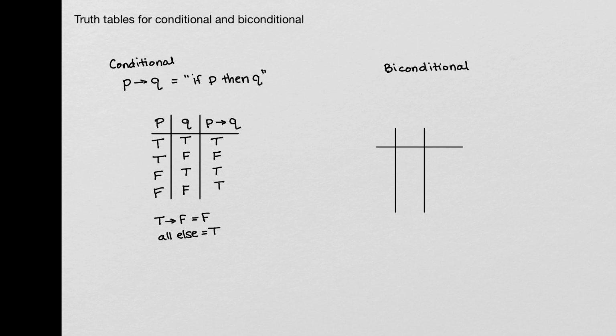Now with biconditional, this is really a conditional going both ways. So it means if P then Q and if Q then P. So we write this as P if and only if Q. And when I make my truth table, what we're going to see is that if the truth values match, if P and Q have the same truth value, that's when you say that the statement P if and only if Q is true.